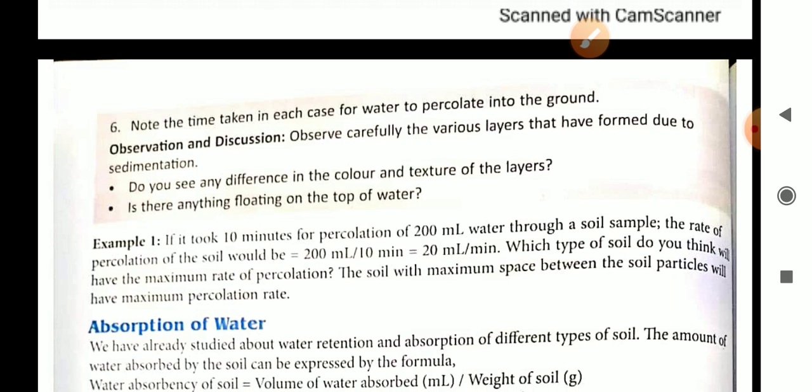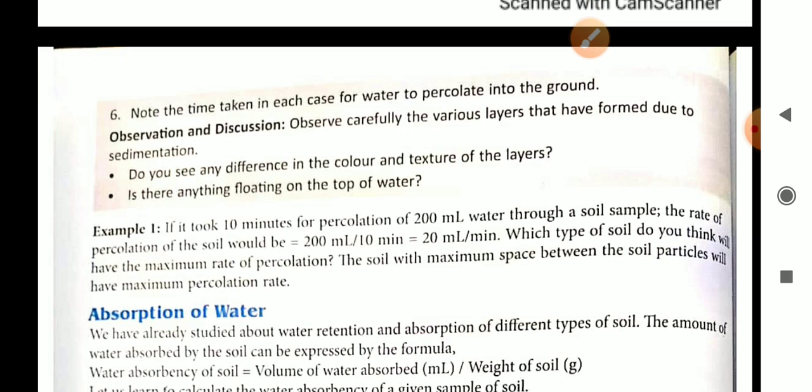So formula for percolation rate is equal to amount of water divided by percolation time. The amount of water you have taken and how much time it takes to percolate, both get divided, and then we will get the percolation rate.